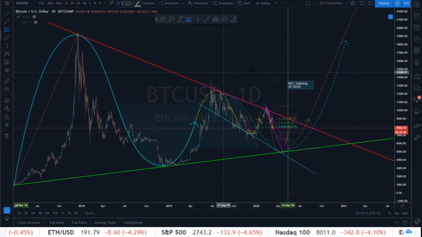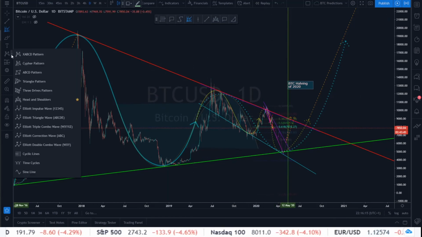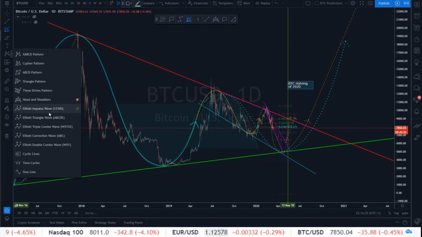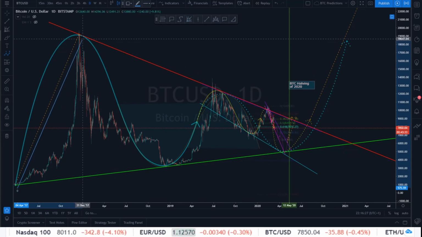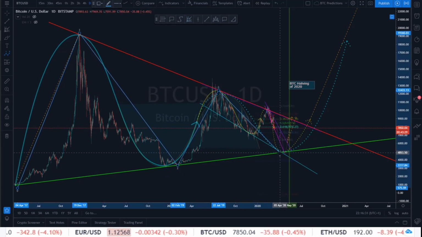And using more tools, of course I can draw some more cool tools like harmonics or Elliott waves, but if I do that, you can see that it's gonna become quite messy.